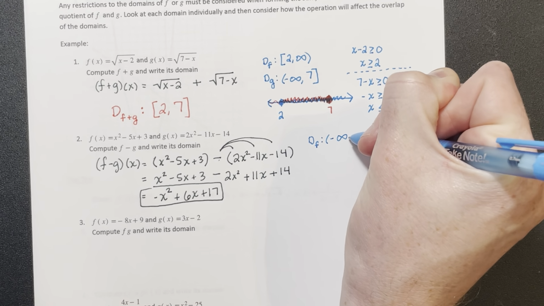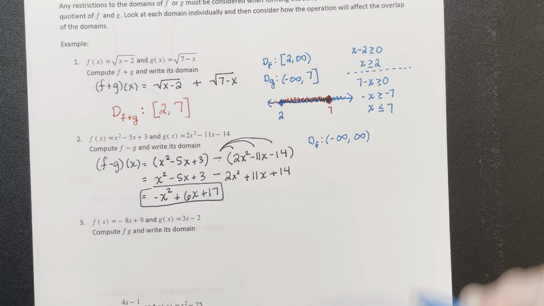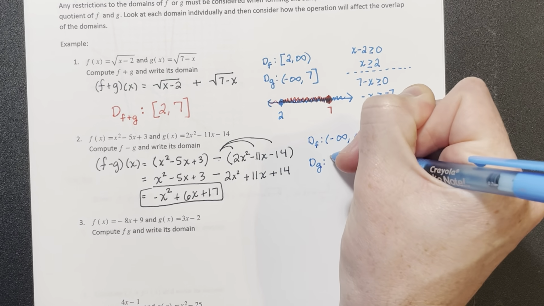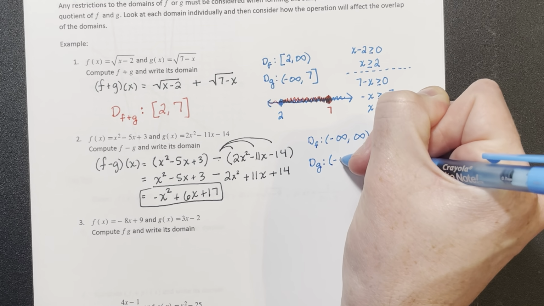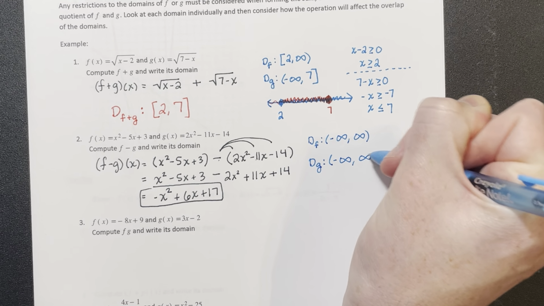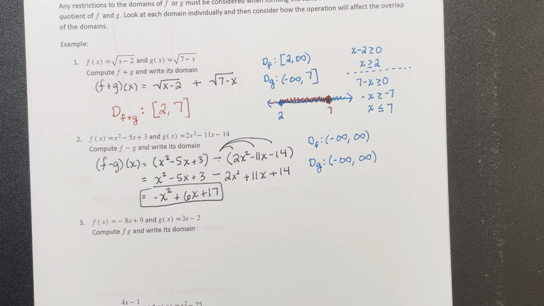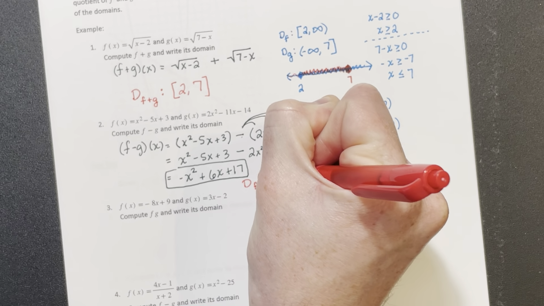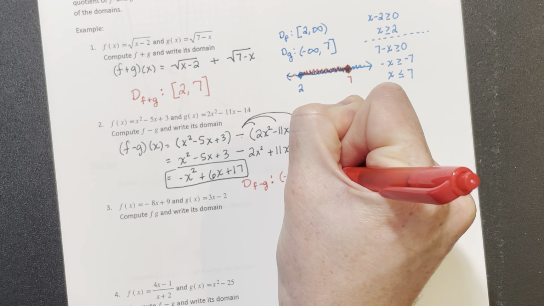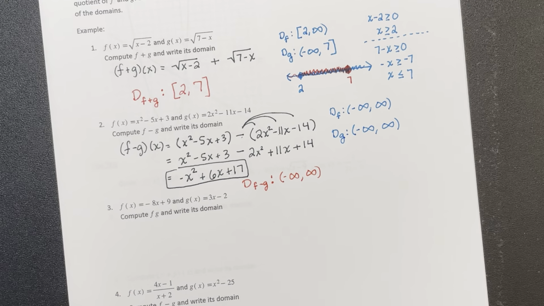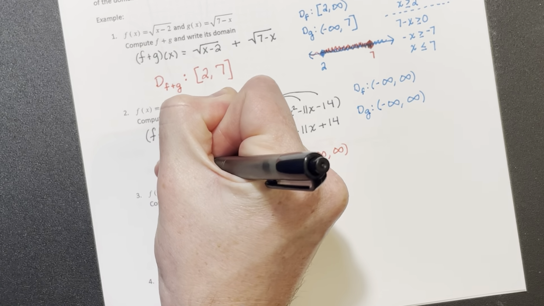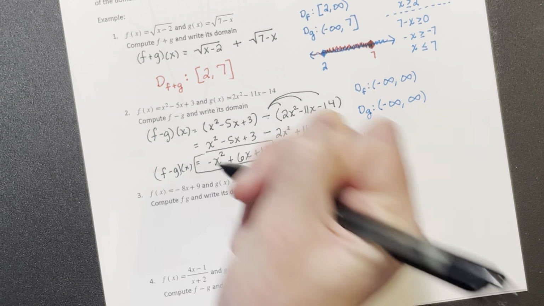Therefore, our domain is negative infinity to positive infinity. The domain of g is also quadratic, so therefore it's all real numbers, or negative infinity to positive infinity. So basically the overlap of those two, the domain of f minus g, is still negative infinity to positive infinity.